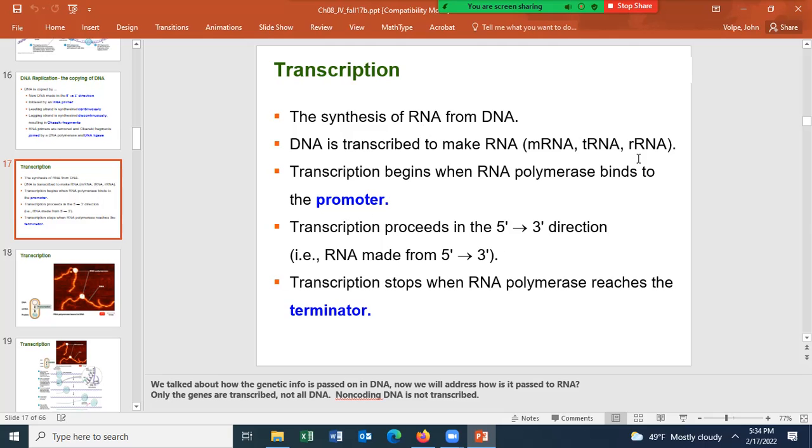Here's a question for you. When the RNA polymerase binds to the DNA of a gene, how does that polymerase know whether to make messenger RNA, tRNA, or rRNA? Does anyone know?